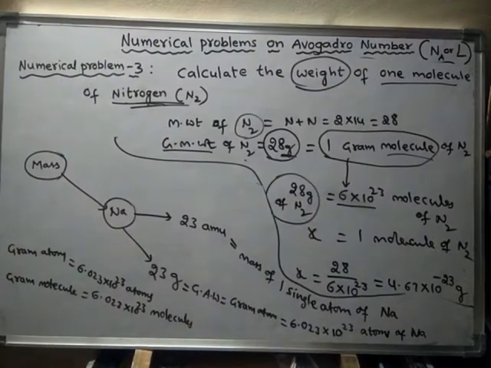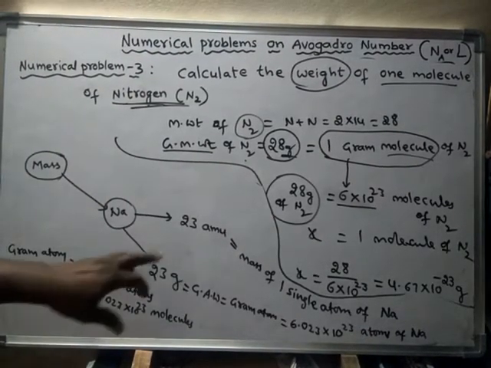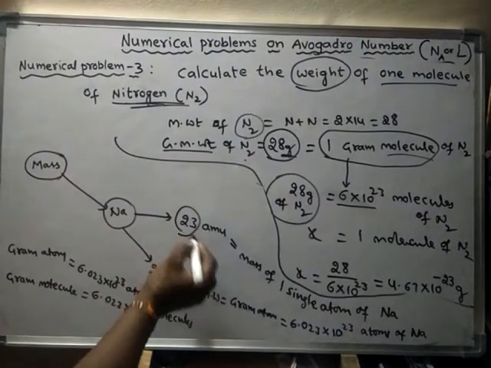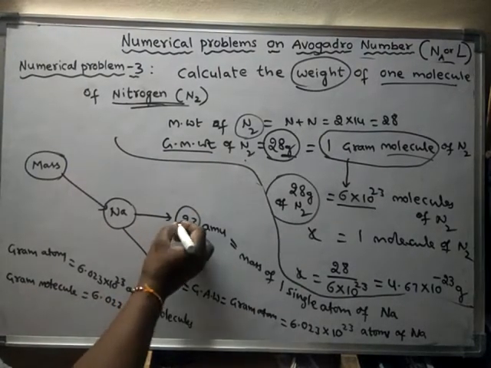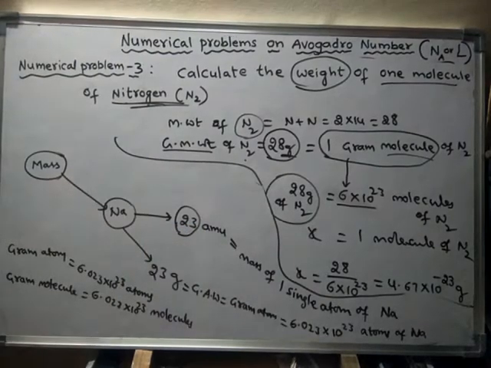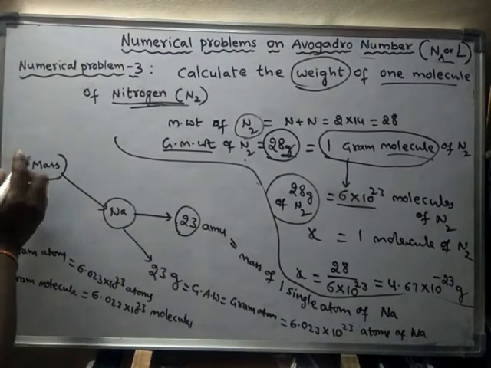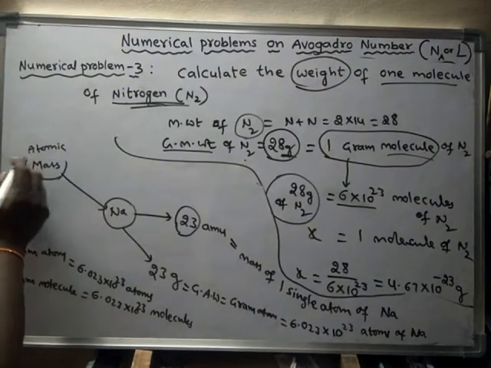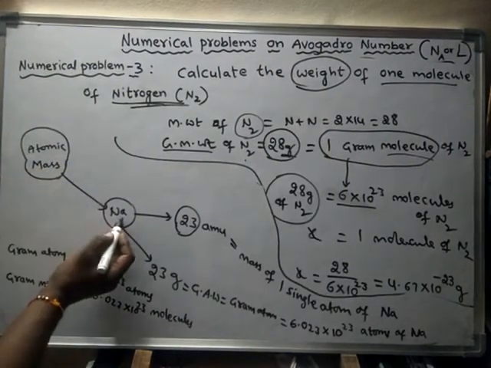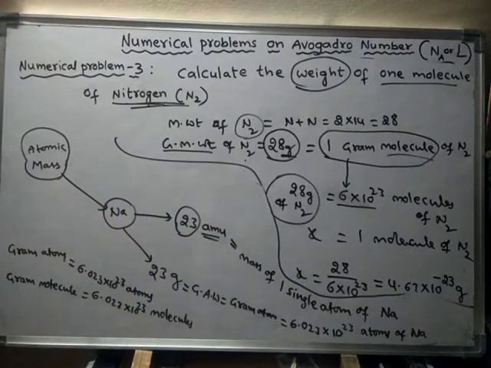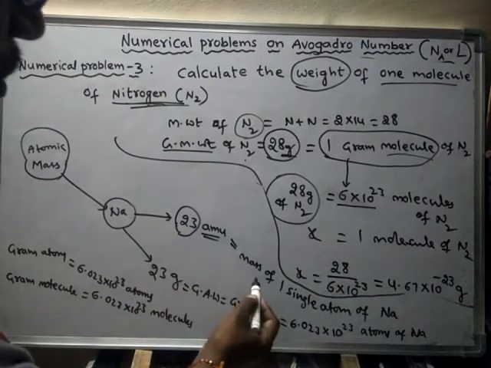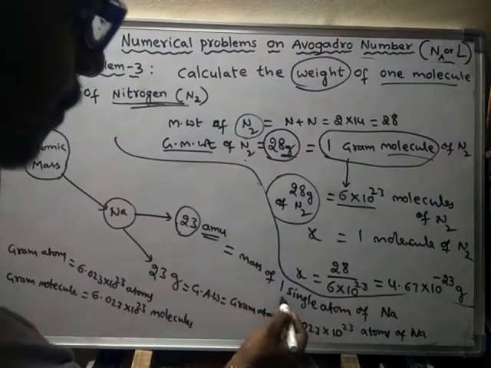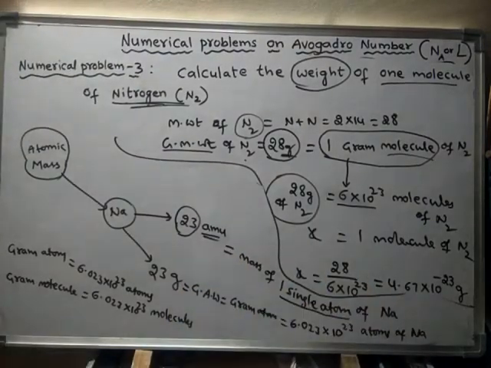Now you try to make out the difference between these two. So if I express that, this is called as atomic mass of sodium. If atomic mass is expressed in AMU, then this mass is equal to the mass of a single atom of sodium.